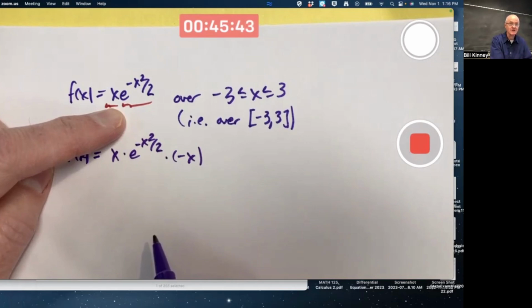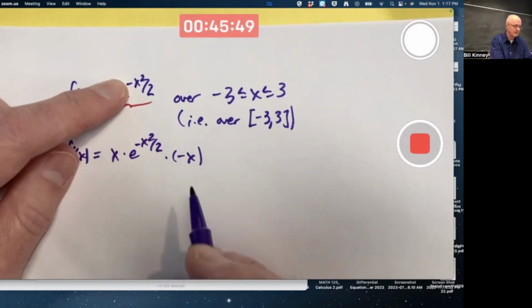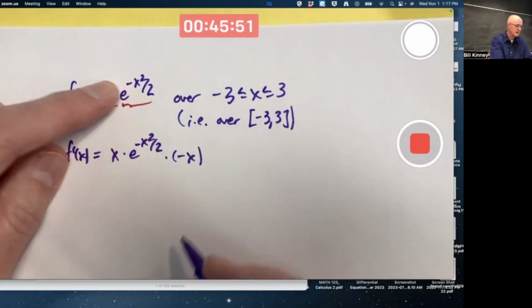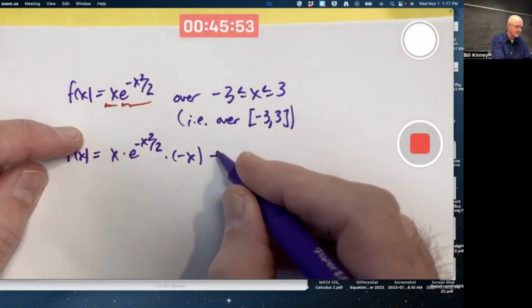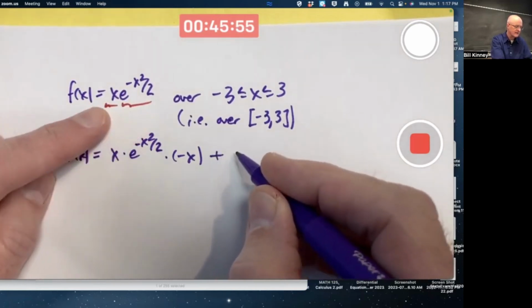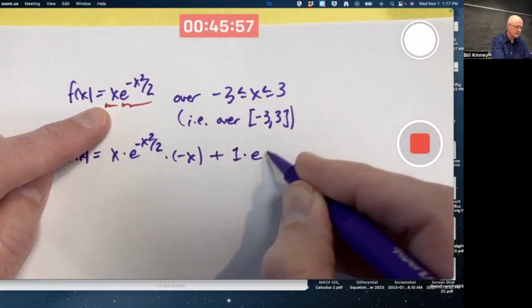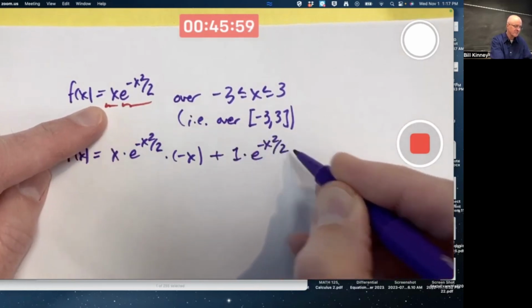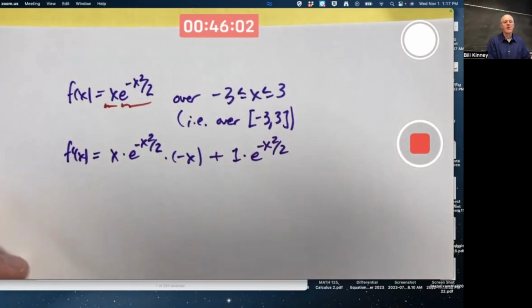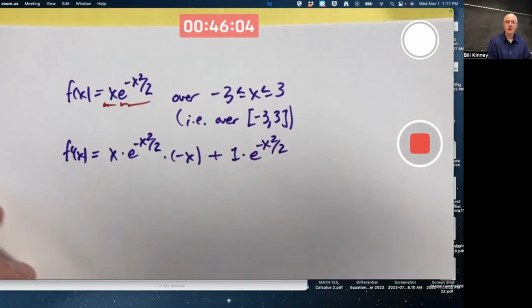Bring the 2 down, it cancels with the 2 in the bottom, giving you a -x. That's the derivative of -x squared over 2. That's left d right plus right d left, and d left is just a 1. I want to set this equal to 0 and solve for x to find the critical points.